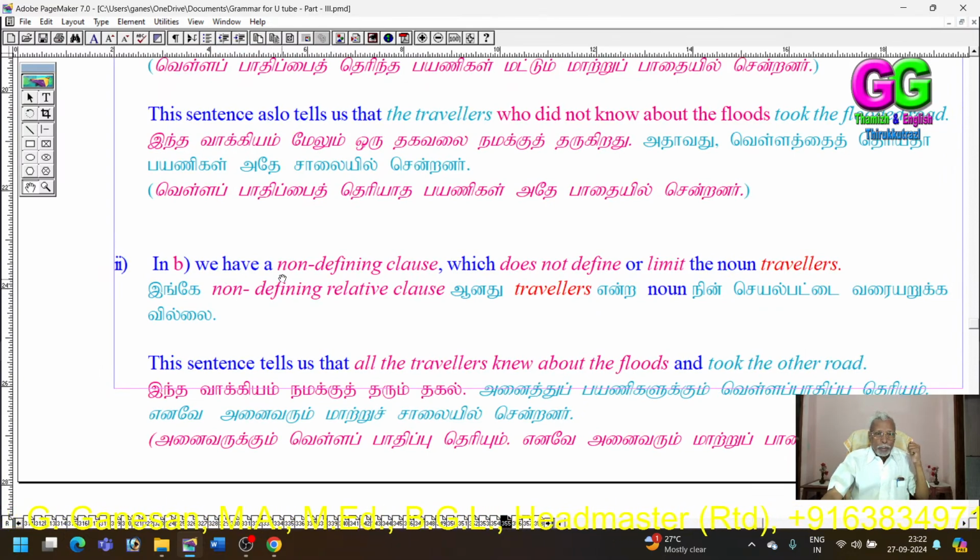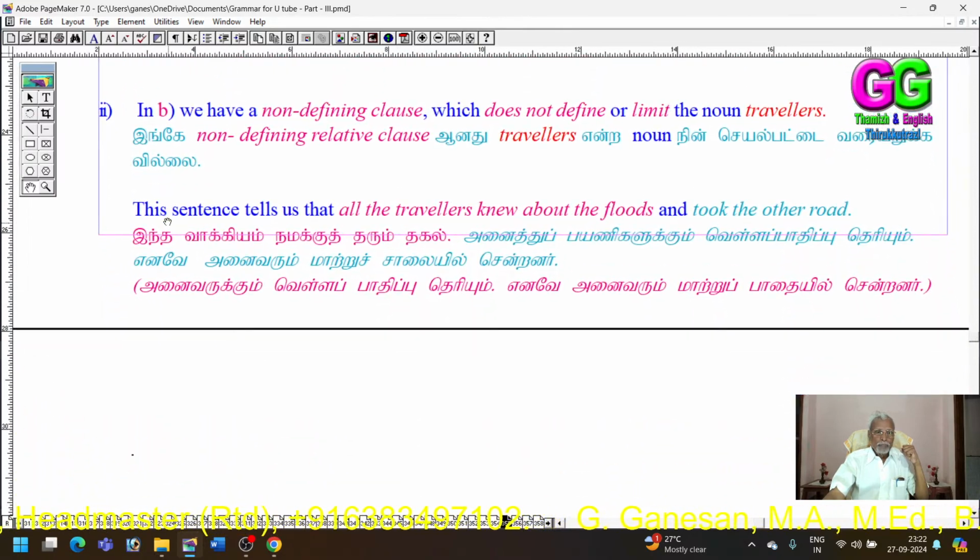In B, we have a non-defining clause which does not define or limit the noun travelers. This sentence tells us that all the travelers knew about the floods and took the other road. I will explain to you.